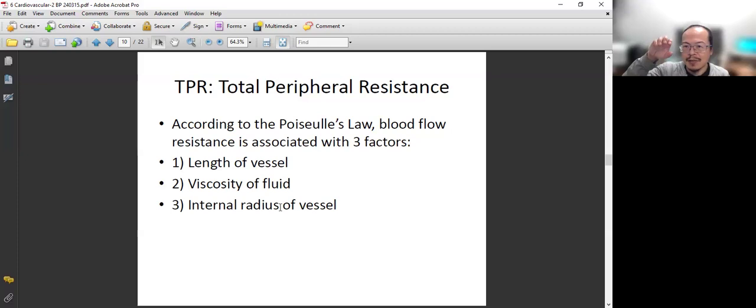If it becomes narrowing, this is very common. Atherosclerosis will make the blood vessel narrow. That's probably the most common one. With that, you increase the total peripheral resistance, TPR. By increasing total peripheral resistance, you increase blood pressure.